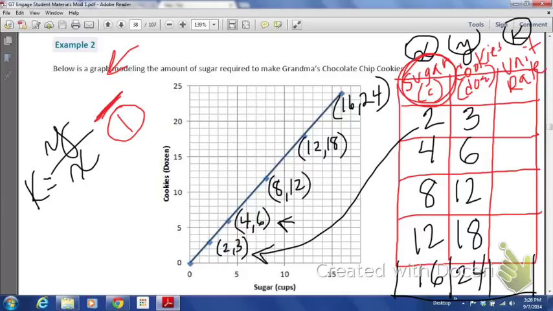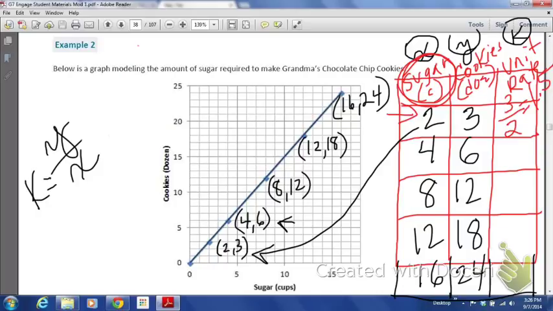We could figure that out this way. If we look at this first one here, 2 and 3, we would have 3 divided by 2, and that could be our unit rate. For every 3 dozen cookies, you need 2 cups of sugar. But we could also make that look a different way. We could say 1.5, so we would have a unit rate of 1 1/2.